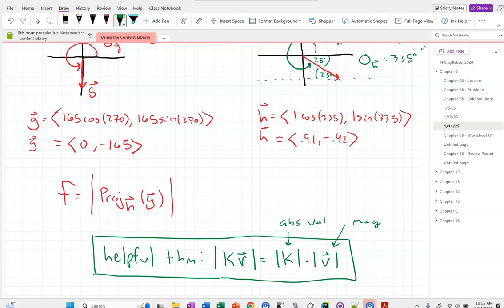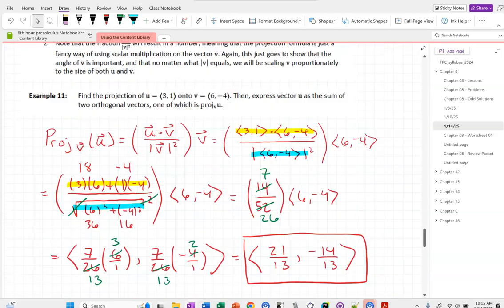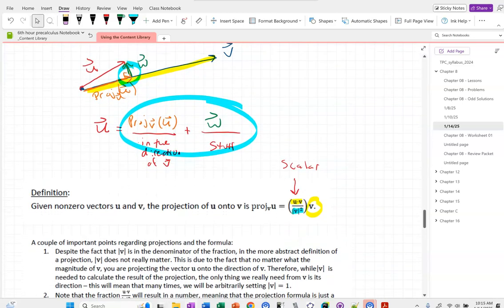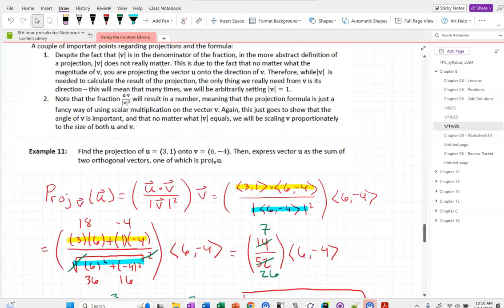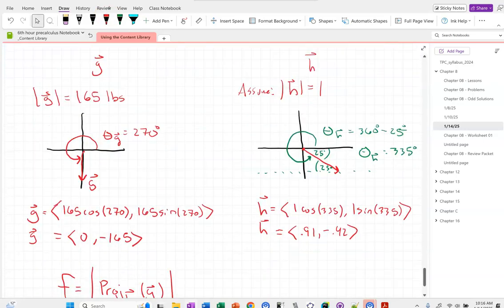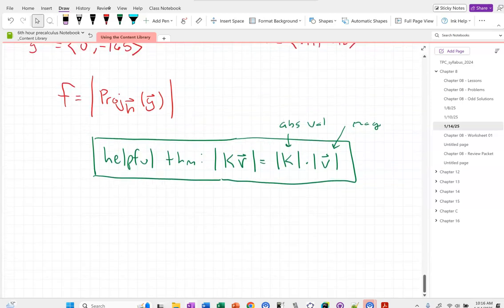Why am I pointing this out to you guys? Because if I remember my vector projection formula, I have scalar multiplication there. So rather than having to do all the arithmetic, this makes life typically a little bit simpler. All right, so let's start filling things in.